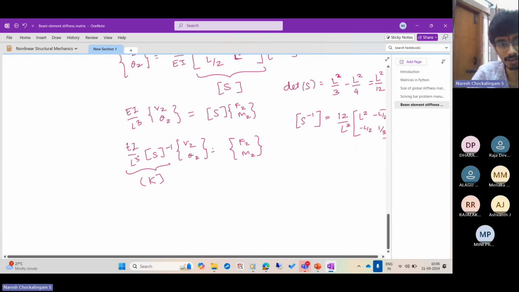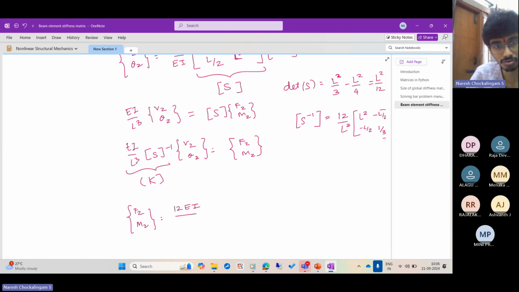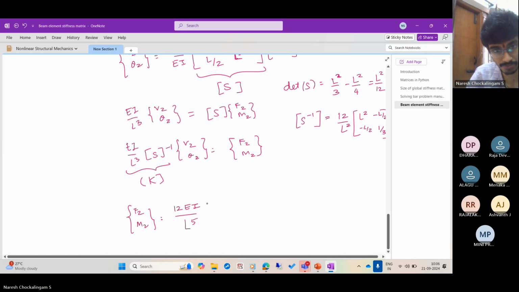Now, fine. So we have got the inverse. So we say F2 M2 is equal to 12 EI by, okay. Now there is a slight issue. You have an L square here. Okay, let it be. You have a 12 EI by L power 5, and inside you have L square, minus L by 2, minus L by 2, 1 by 3.